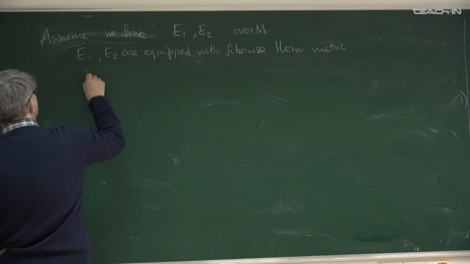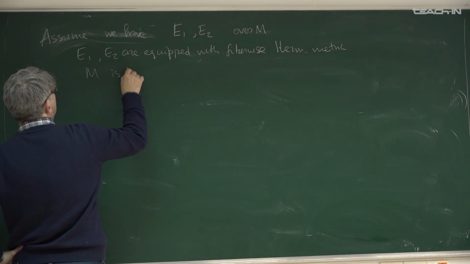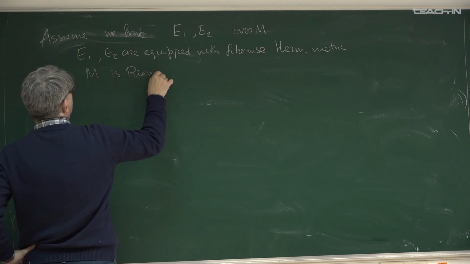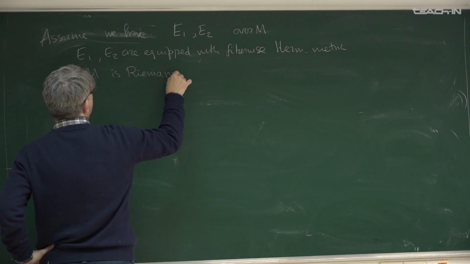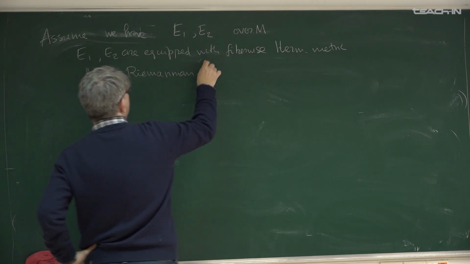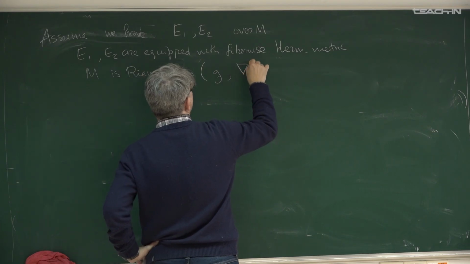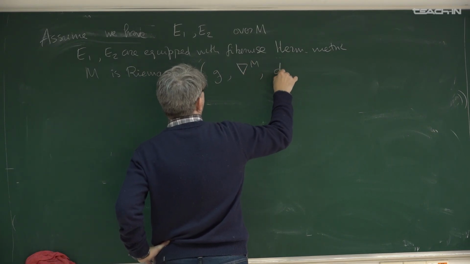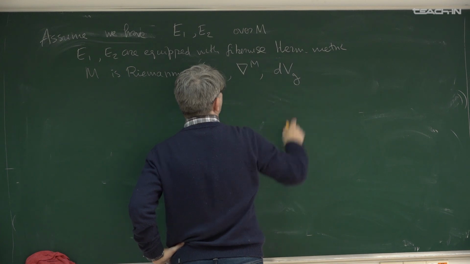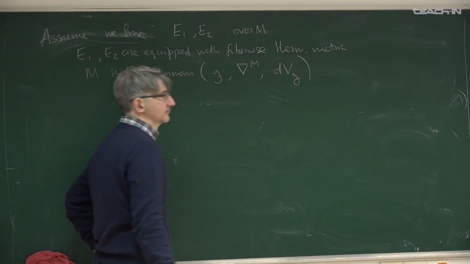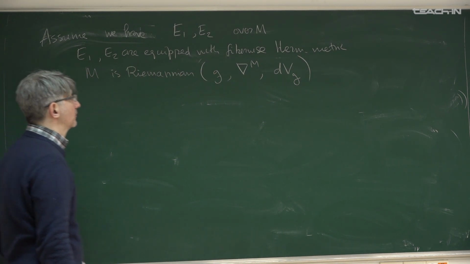M is equipped with a Riemannian metric. So we have a Riemannian metric, we have a connection on M, and what is important for me, we have a volume form on M.